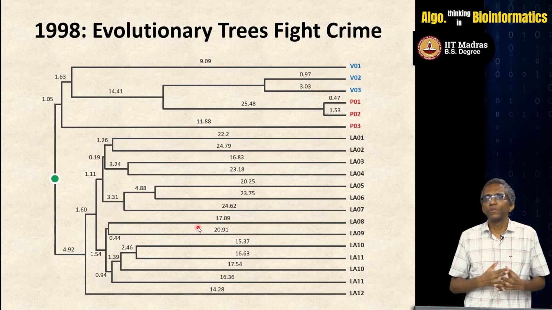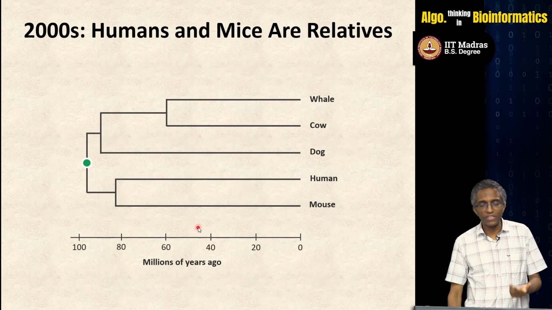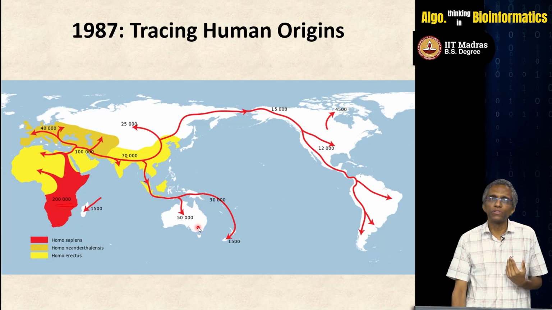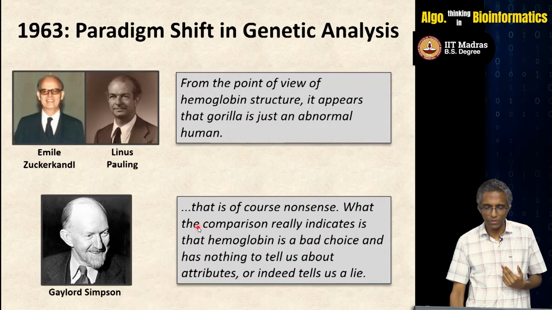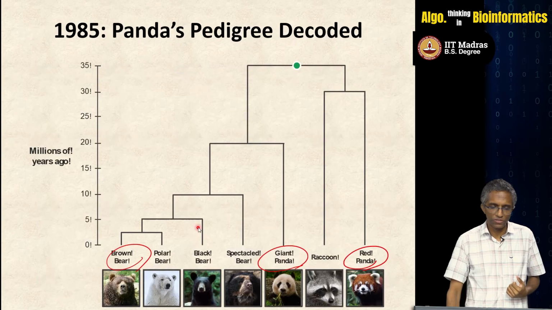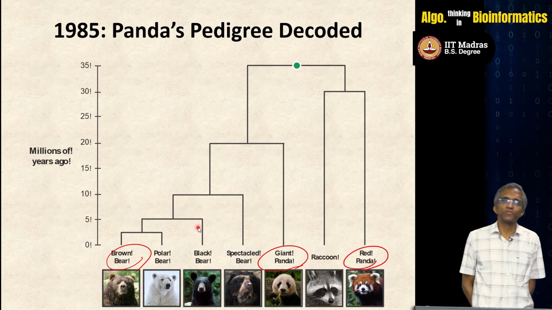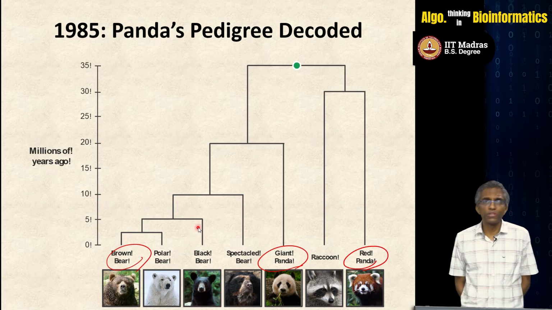All of these approaches and diverse algorithms are important because of the diversity of the applications of evolutionary trees, from understanding human origins to understanding the evolution of hemoglobin, the beta hemoglobin structures, to questions like whether the giant panda is related to the brown bear or the red panda, and all the way down to crime.